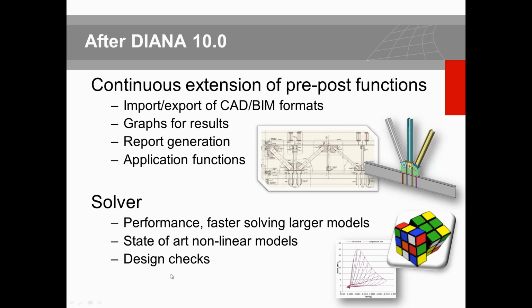So there is a point here, the nature of DIANA is not a design program. So basically, it's not our aim and goal to literally deal with section optimization or this type of thing. What we do is we perform the analysis, and based on the results, we convert those results to some sort of engineering conceptual results that can be interpreted and checked with the reference design codes that you have.